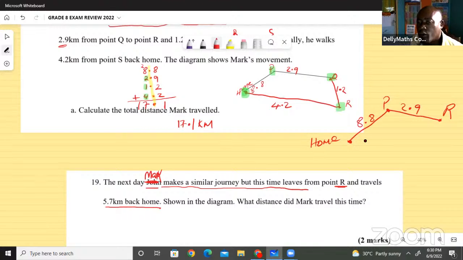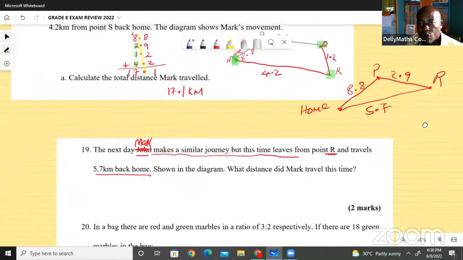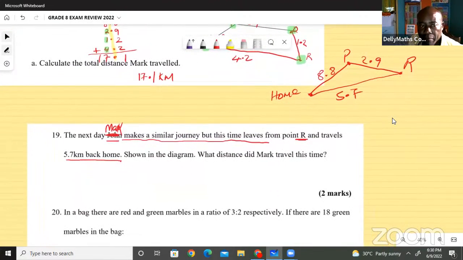But they are saying when he reached here, he just went back home. From R, he went back home, and this is now 5.7 this time. So this is the new journey that we're talking about.